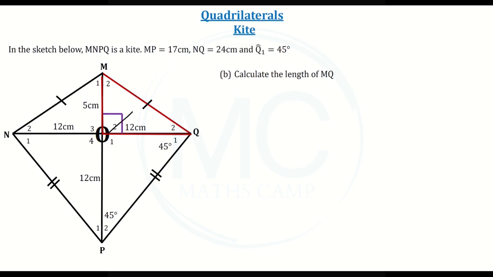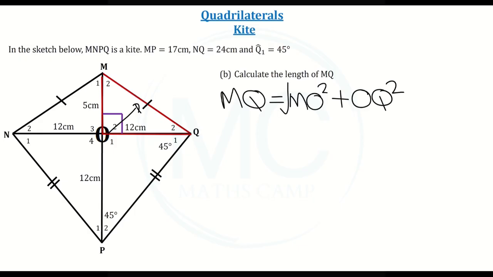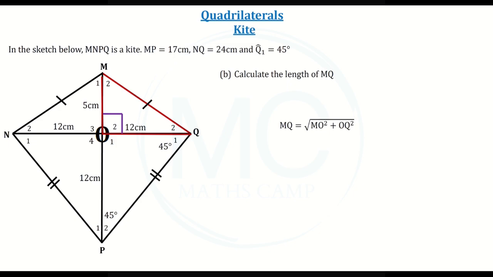MQ lies directly across from the 90-degree angle, which means that it's the hypotenuse. So we can say the length of MQ is equal to the length of one side, let's say MO, squared, plus the length of the third side, OQ, squared, all under a square root. Now we can fill in our values.